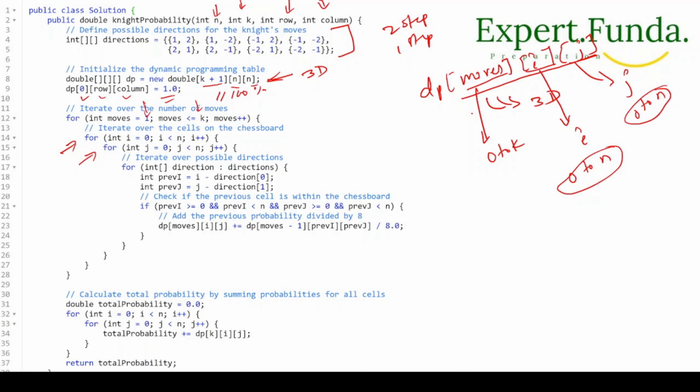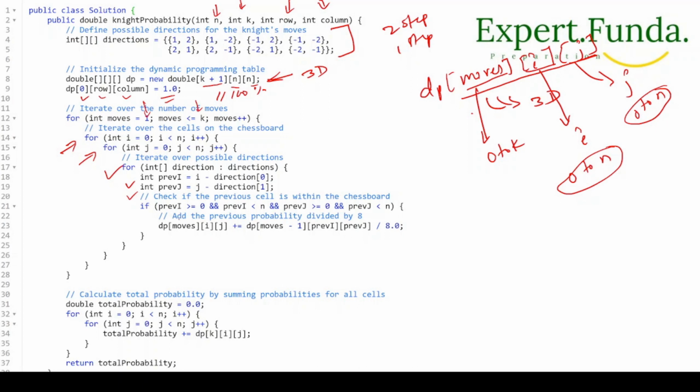Now we iterate over the possible directions. From the directions, you get one direction at a time. For direction, i and j will give i minus direction at 0 and j minus direction at 1. So this becomes previous i and previous j.